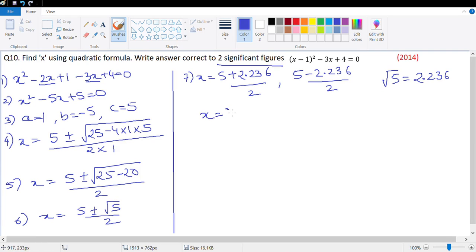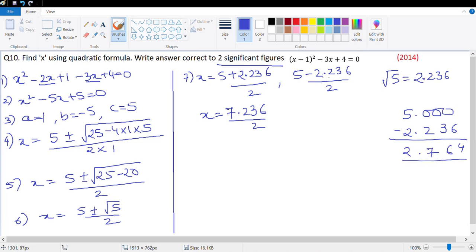So x is equal to 7.236 upon 2 and 2.764 upon 2, which means x is equal to 3.618. Yes, that's fine. And this is 1.382. So that's the value of x.